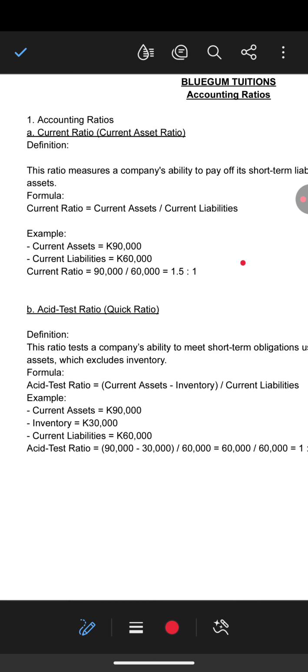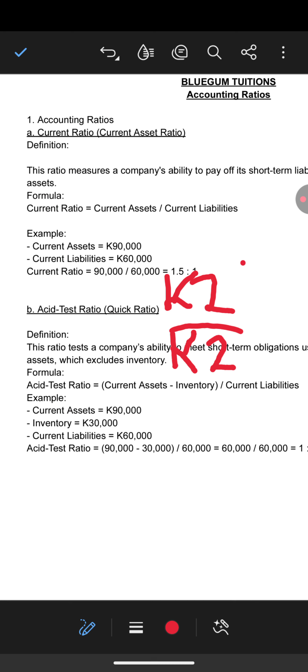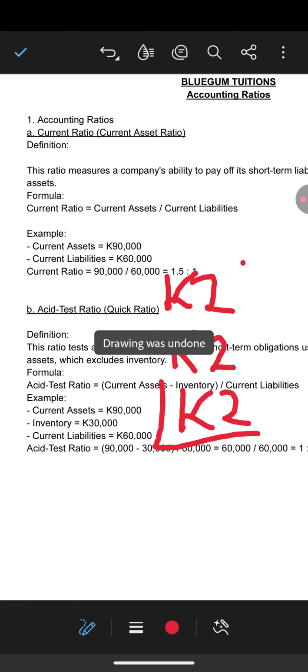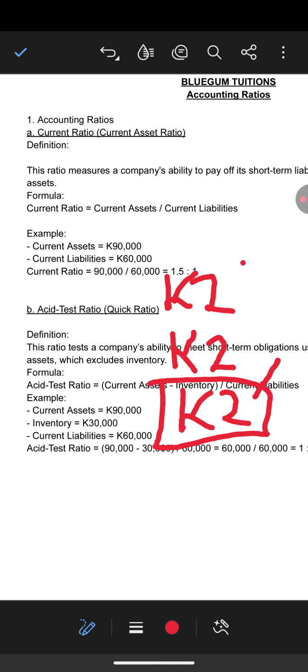Okay, so this acid test ratio helps you to see how much current assets you have excluding the inventory or stock. So if for example you have 2 kwacha cash, 2 kwacha as short-term debtors, people who are going to pay you soon, and maybe 2 kwacha of inventory or stock, you exclude this.